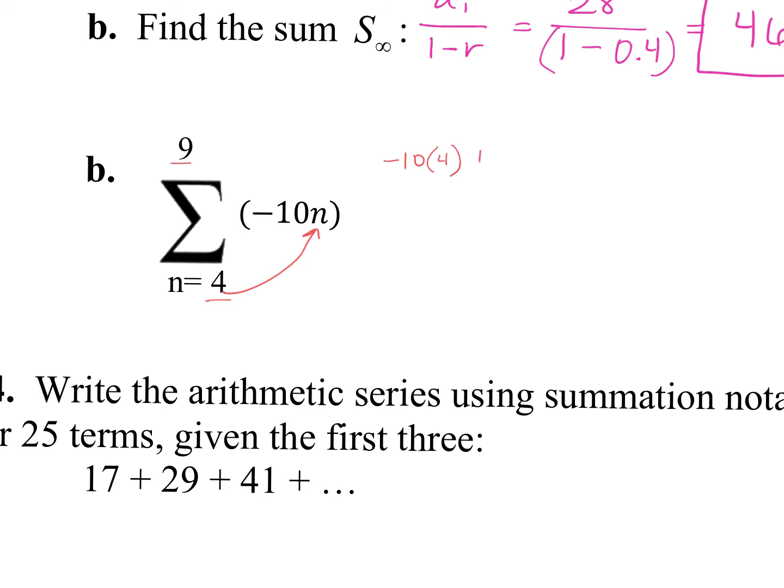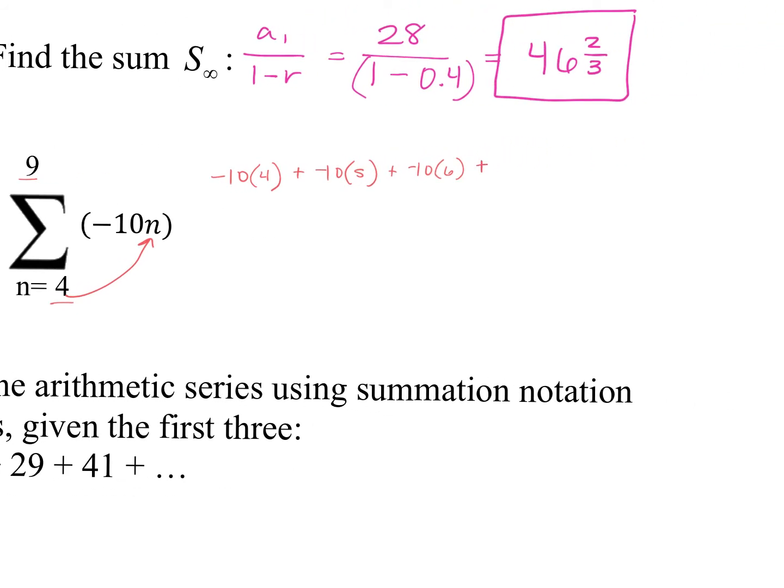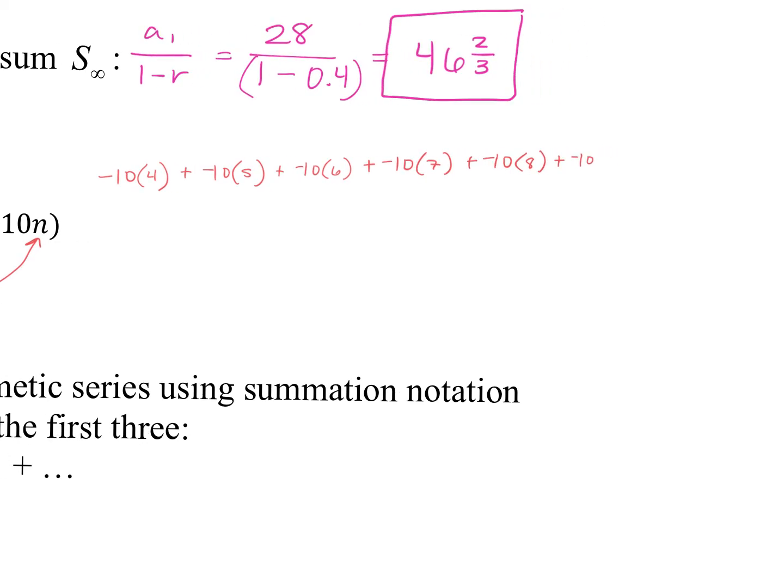Negative 10 times 5 is the fifth, negative 10 times 6 is the sixth, negative 10 times 7 the seventh, negative 10 times 8 the eighth, and negative 10 times 9 the ninth term.